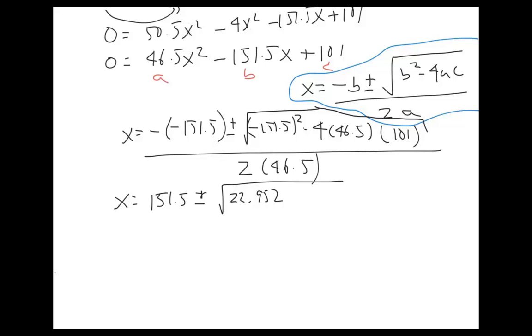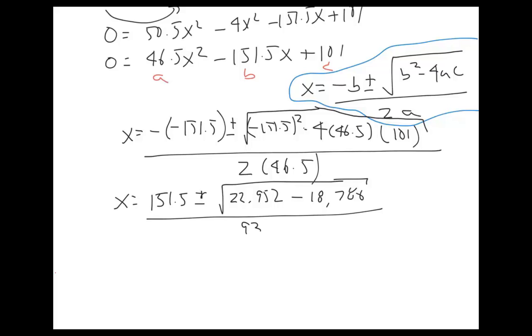And this is minus, so here we have 4 times 46.5 times 101. This will be equal to 18,786, divided by 93.